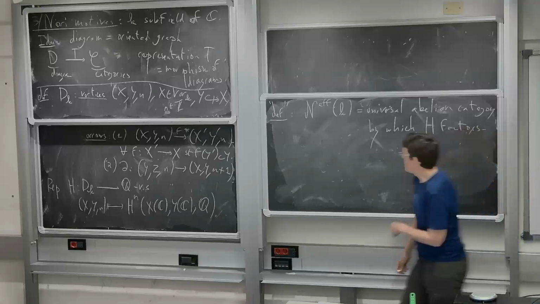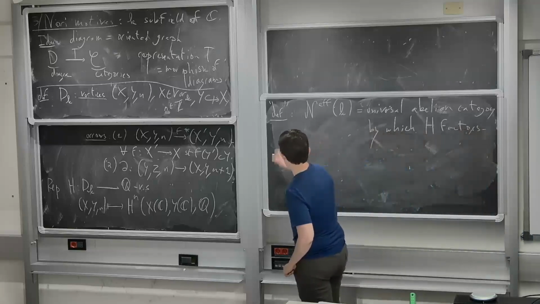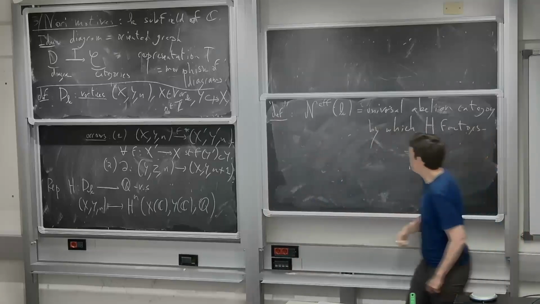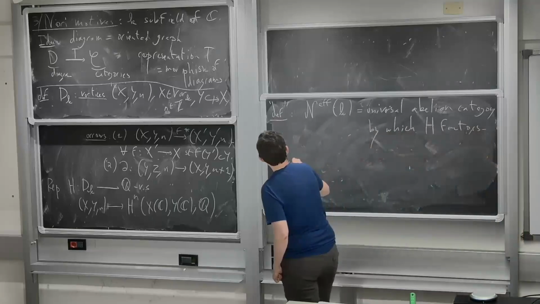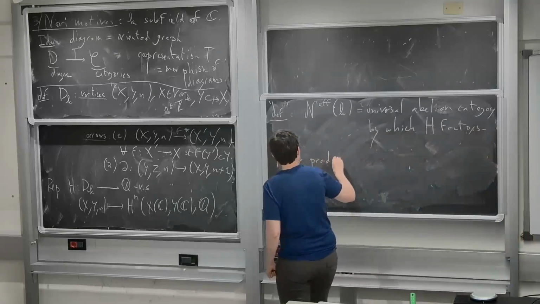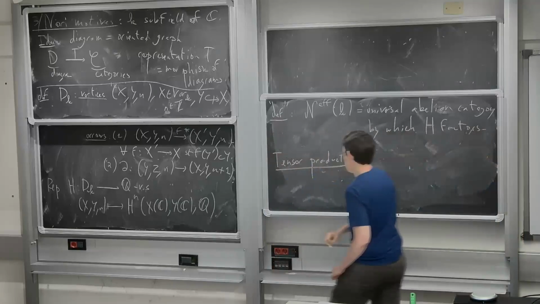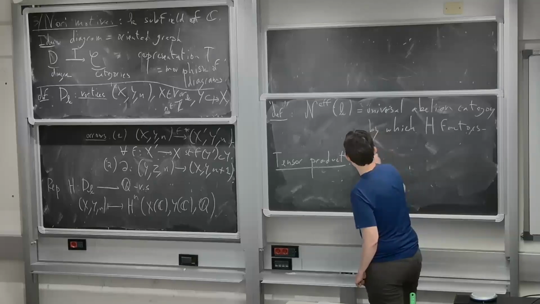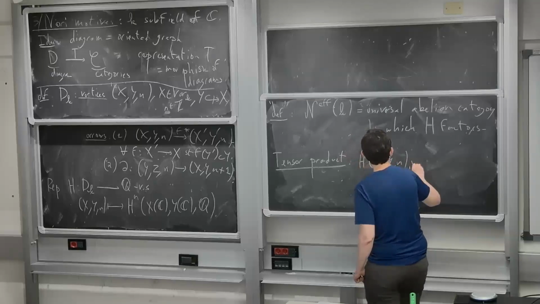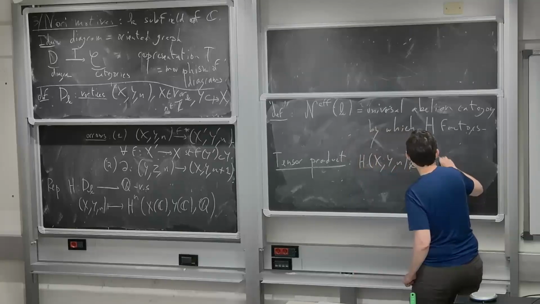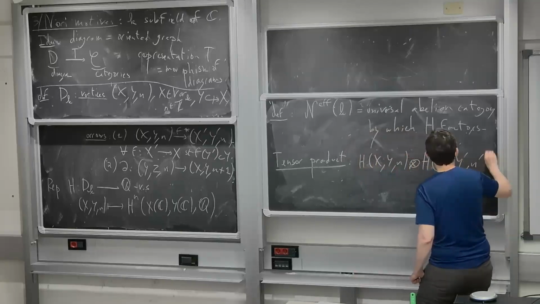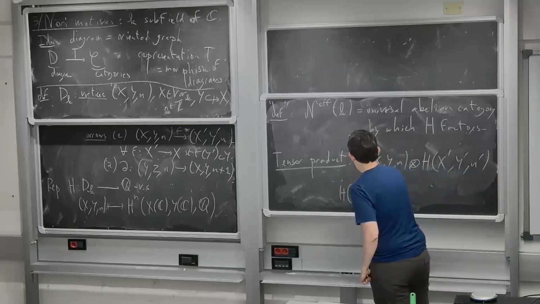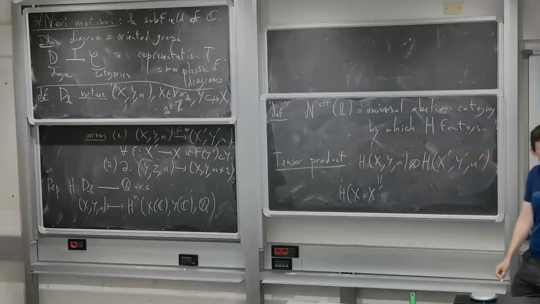Okay, so then you have to define the tensor product. I'm doing a speed run of Nori motives here. You want to define tensor products so that the Künneth formula is true.